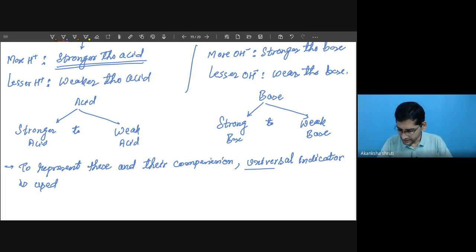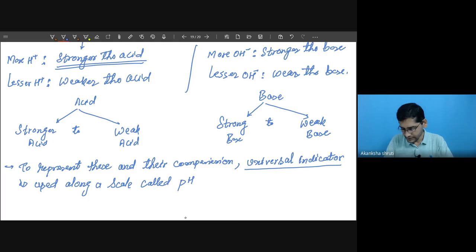So universal indicator is used along with a scale. That scale, which gives the color variation, is called the pH scale.